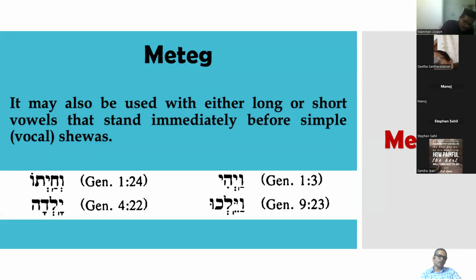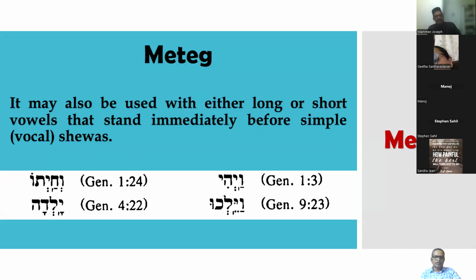So if you see a vocal shiva and the previous letter is carrying either a long or short vowel, you may see a metek. Usually, if you see a letter with a vocal shiva, the previous letter will carry a long vowel, but in some cases you will also see short vowels.